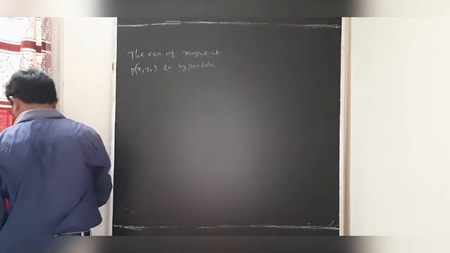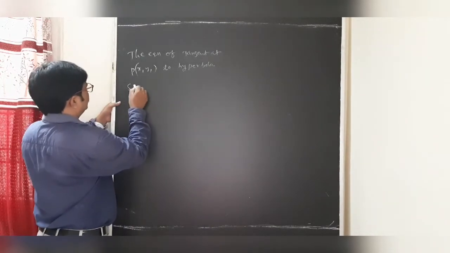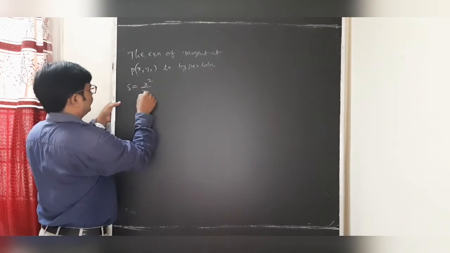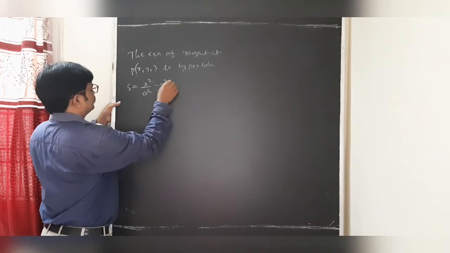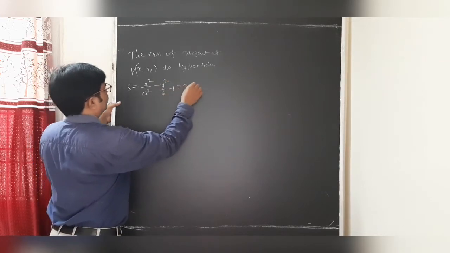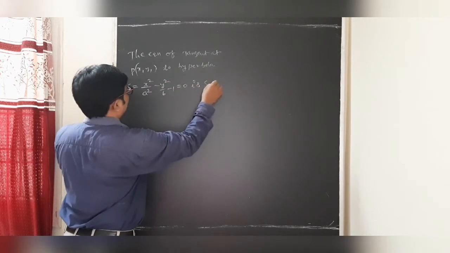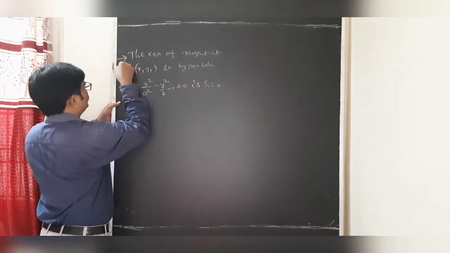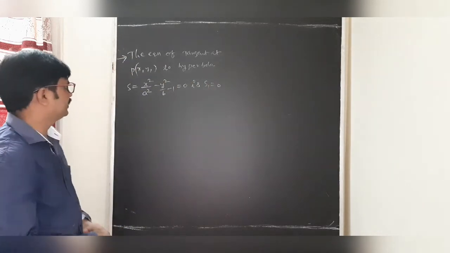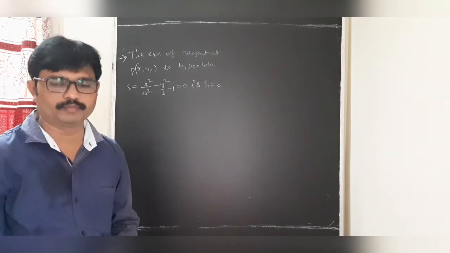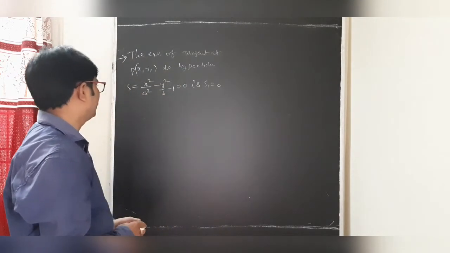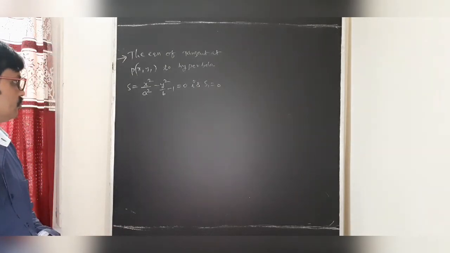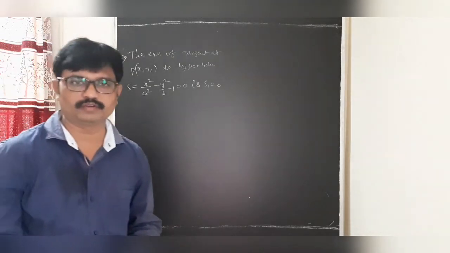To the hyperbola S equal to x square by a square minus y square by b square minus 1 equal to 0 is S1 equal to 0. We know that the equation of the tangent at (x1, y1) to the hyperbola S equal to x square by a square minus y square by b square minus 1 equal to 0 is S1 equal to 0.